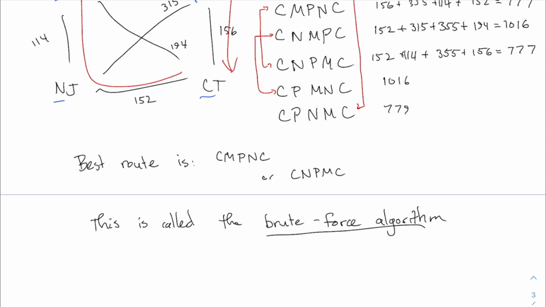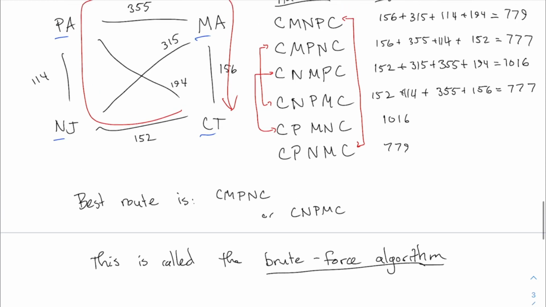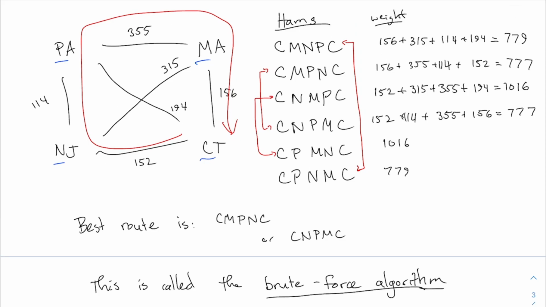Because it works, but it's kind of stupid. You don't have any big idea here. You are just more or less randomly checking every possible option and figuring out which one is the best. No actual big idea behind it. You are just trying to check everything.